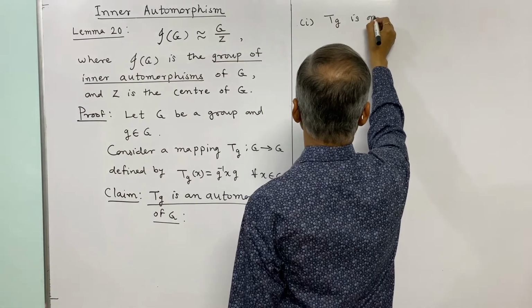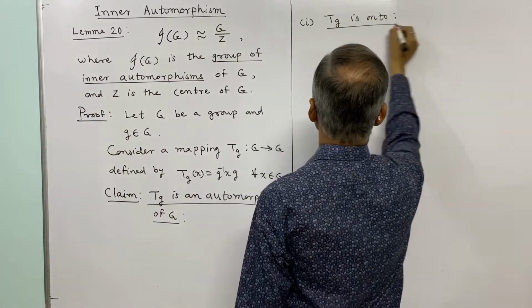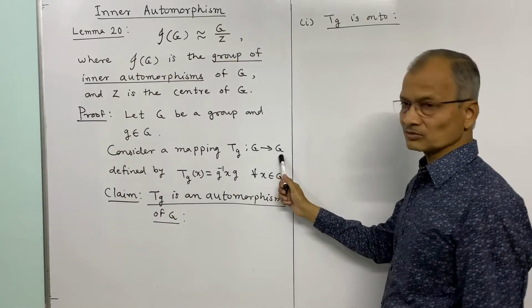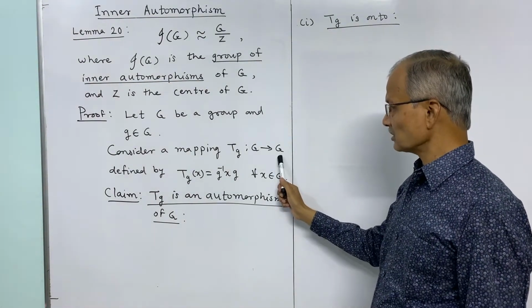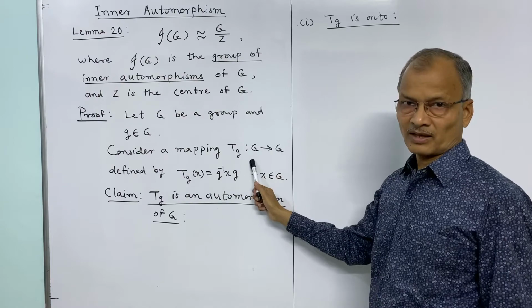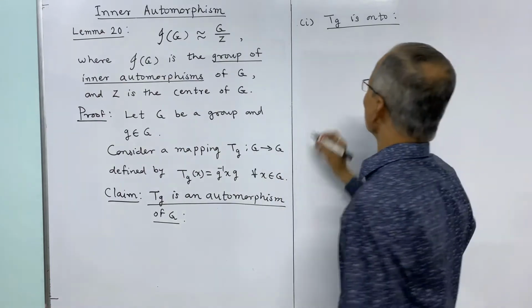Tg is onto, and for that purpose we shall suppose let y belongs to G. Meaning of onto property: for every y belongs to G there is an inverse image x in G, then it will be onto.